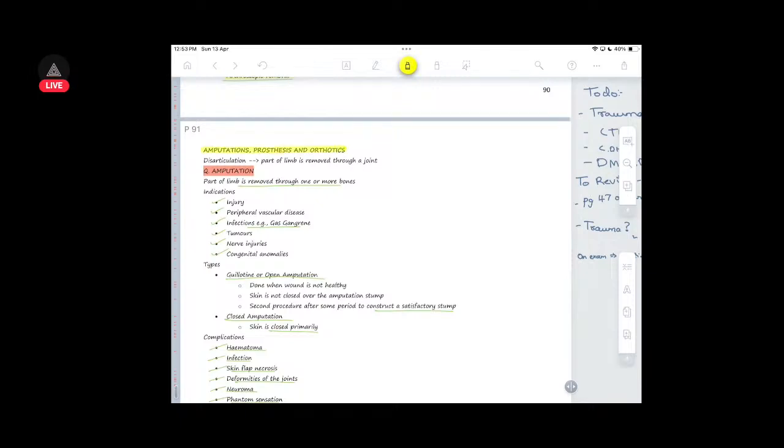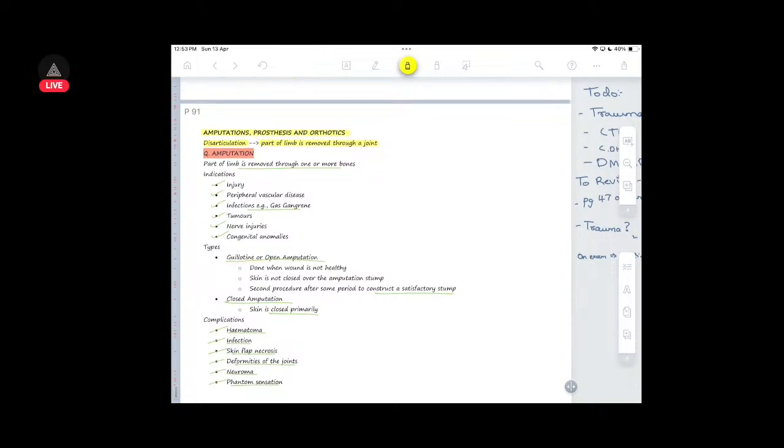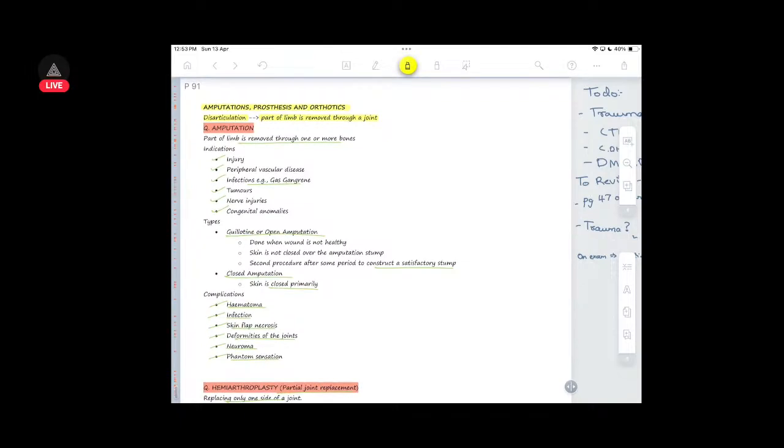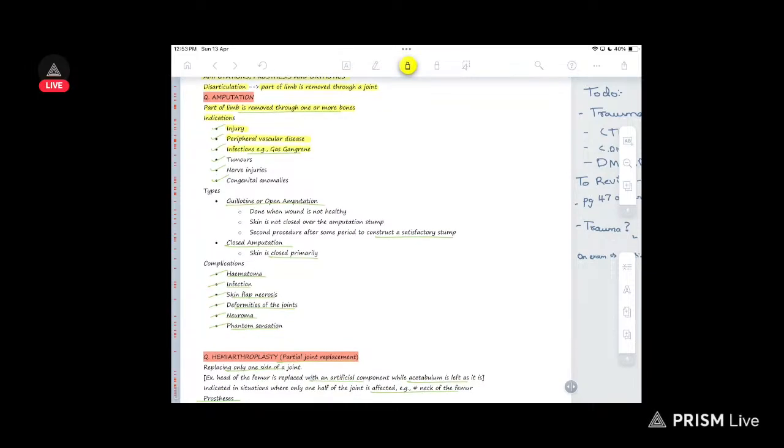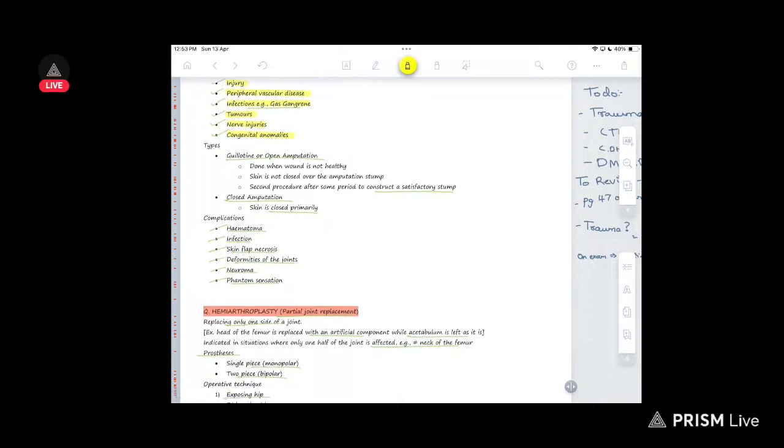So amputation, prosthesis and orthotics. Disarticulation is where a part of the limb is removed through the joint, not arthrodesis. Amputation is where a part of the limb is removed through one or more bones. Indications are injuries, peripheral vascular disease, infection, for example gas gangrene, tumors, nerve injuries and congenital anomalies.